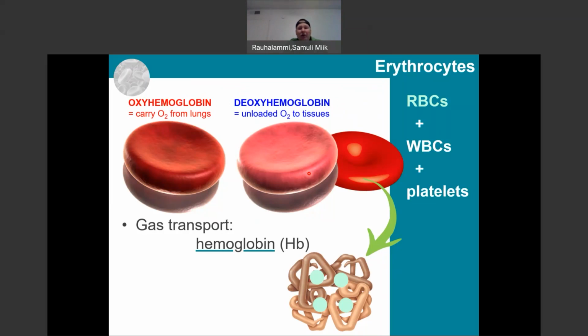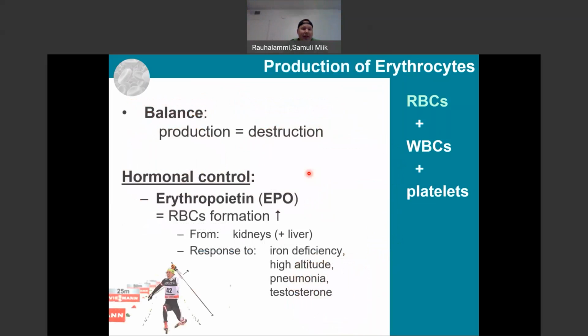In terms of the size of the red blood cells, they might be just slightly larger than the smallest blood vessels, the smallest capillaries in our body, because they can slightly squeeze through the narrowest vessels. Red blood cells are produced at the bone marrow, and we can have issues if we have too little red blood cells, which would be an example of hypoxia, or if we have too much, that will have an effect on the viscosity of the blood.